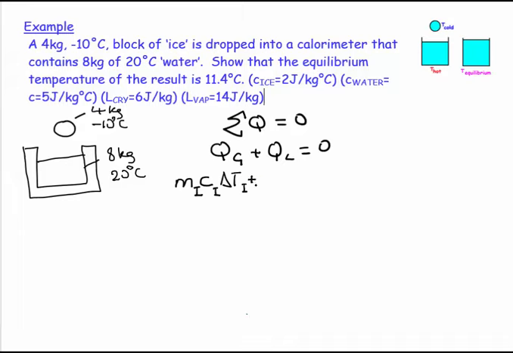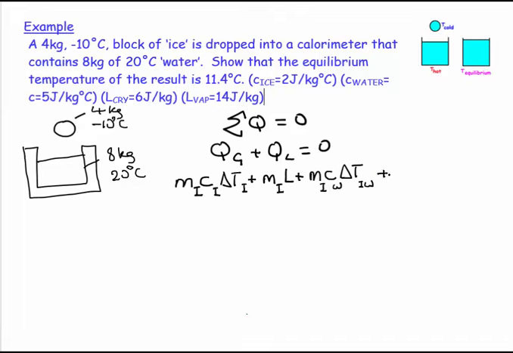And then I'm going to add to that, now I've got to melt the ice. So it's the mass of the ice times the latent heat for ice. And now I've got to heat up the melted ice water. It's still the same mass, so it's still the mass of the ice, but now it's water. So it's the specific heat of water times the temperature change for the ice water.